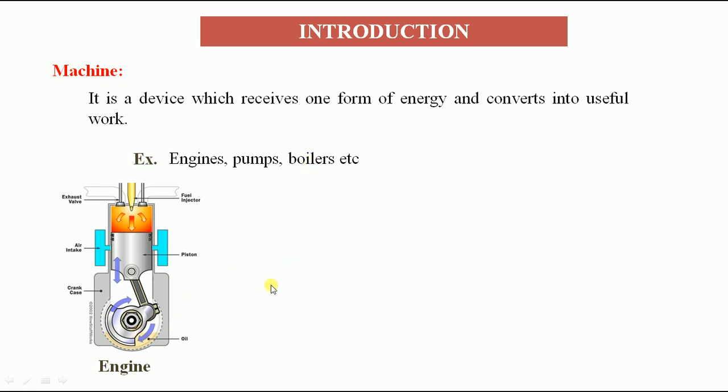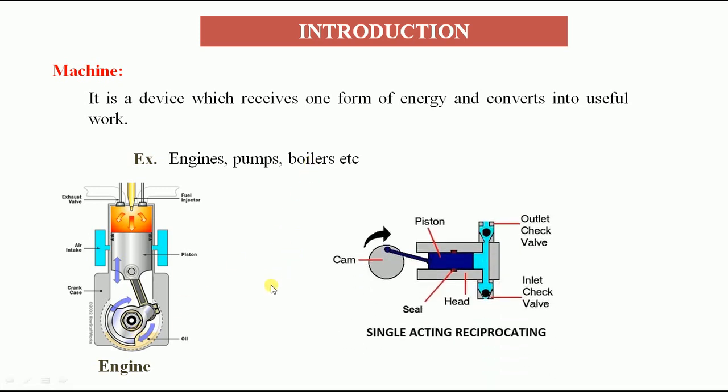Similarly, we'll take another example, which is a single acting reciprocating pump. A pump can also be considered a machine. So what is exactly happening here? The rotation of this cam causes the reciprocation of the piston inside the cylinder. Initially you are rotating the cam, so the input energy is mechanical energy, and due to the piston reciprocation inside the cylinder, the water enters the cylinder and exits from it. So we are discharging the water from a low level to a higher level.